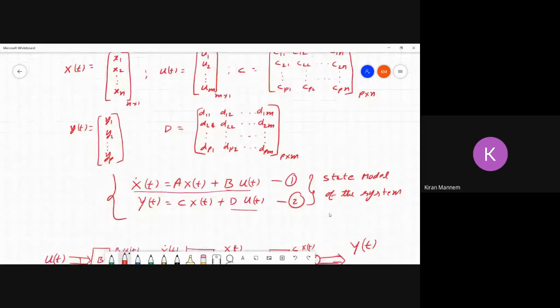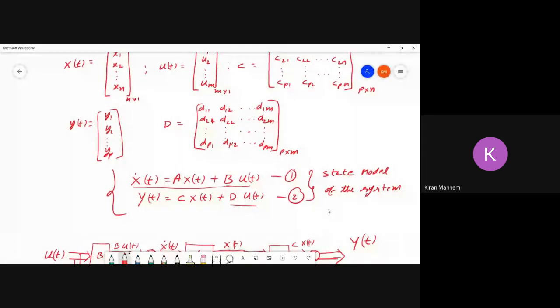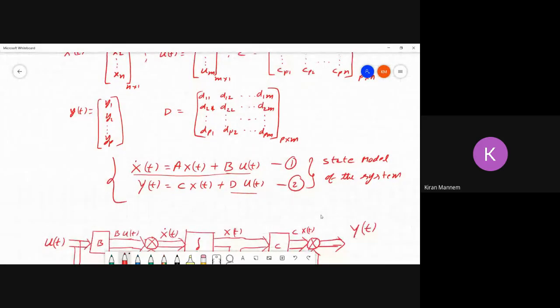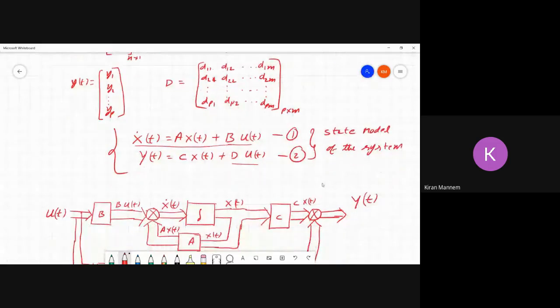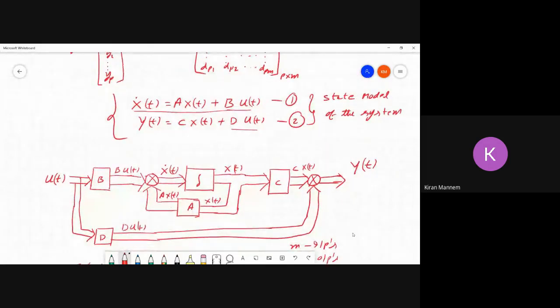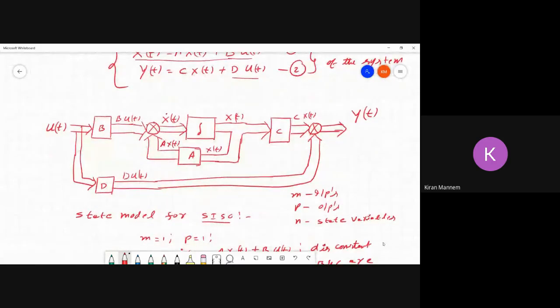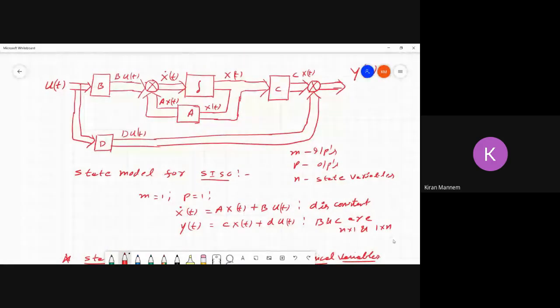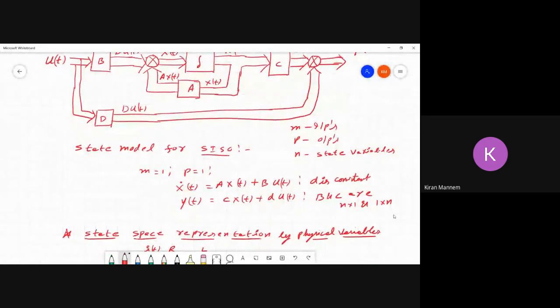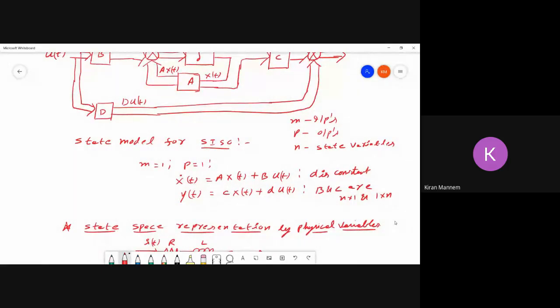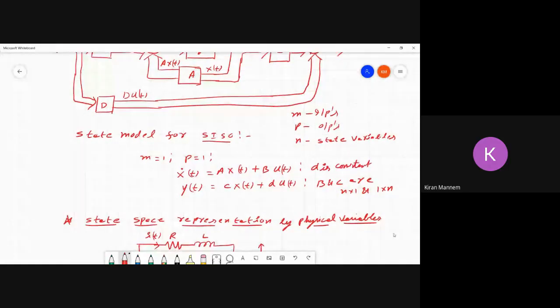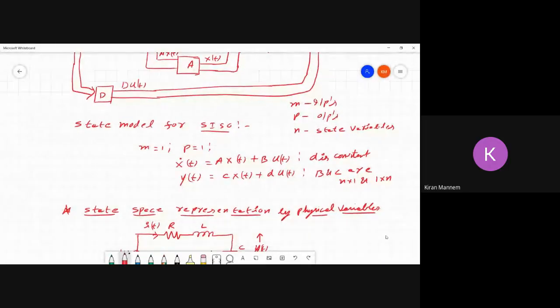So equations 1 and 2 are called the state model of the system. For the state model, we have drawn the block diagram. And for the state model of SISO, keep m equal to 1, p equal to 1, that is, input variables m equal to 1, output variable p equal to 1. We'll get a constant matrix.